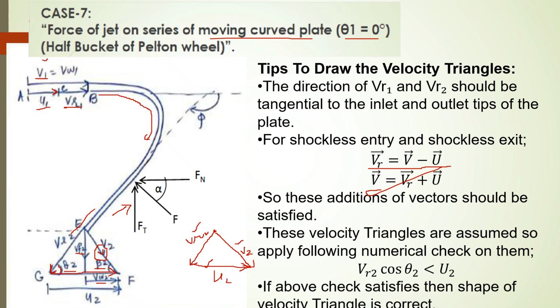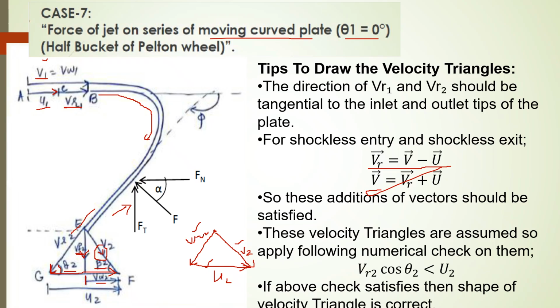So we can resolve our V2 vector into two of its basic components. That should be the vertical component, defined as the velocity of flow, and the horizontal component as the whirl velocity. These components will be determined analytically based on this beta 2.